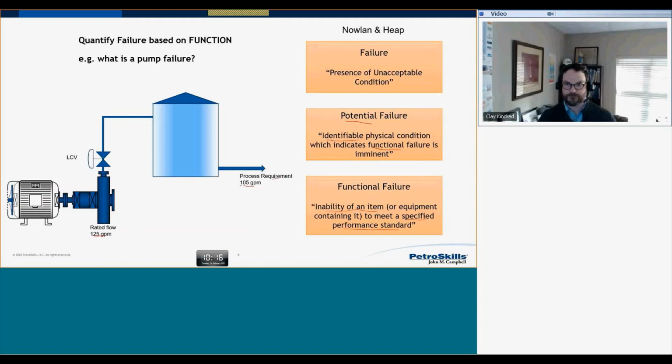What I need is 105 GPM. So we can say the pump has suffered a functional failure if it cannot provide 105 GPM. The point here, guys, is I've quantified what the failure is. So quantification is important here.